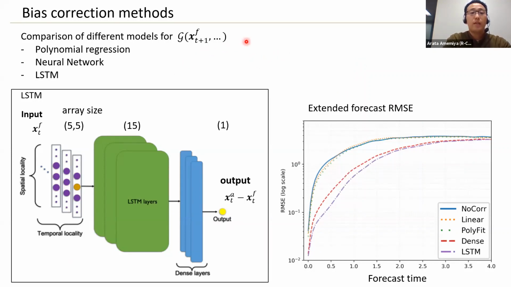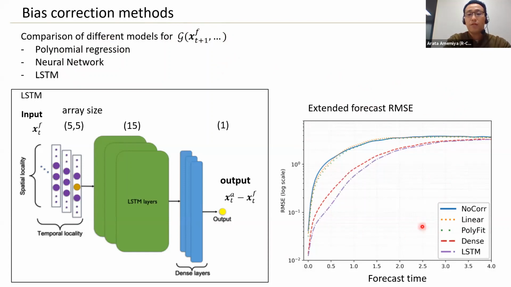We compared different models for this bias correction function. We used both neural network and LSTM and compared with the case with polynomial regression or the more simple first order linear regression. And the result is shown on the right.